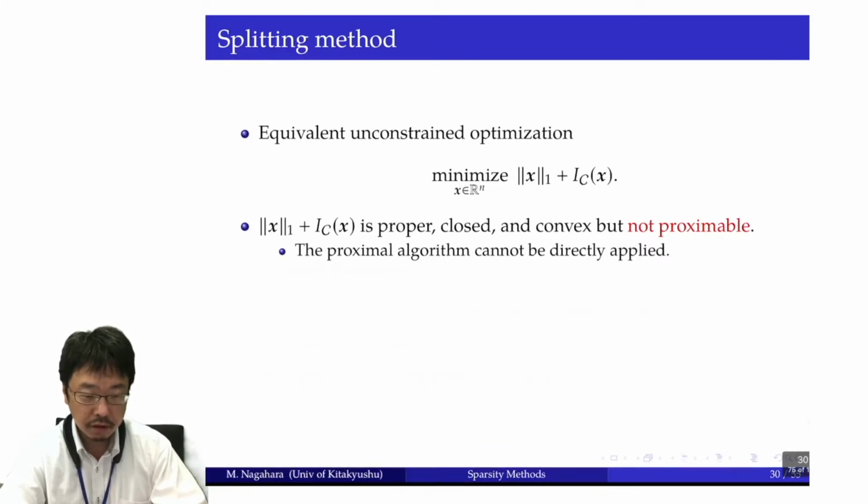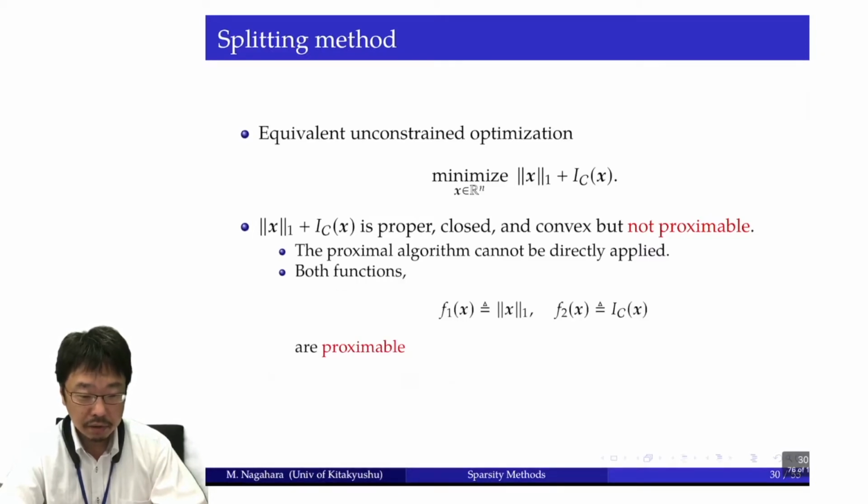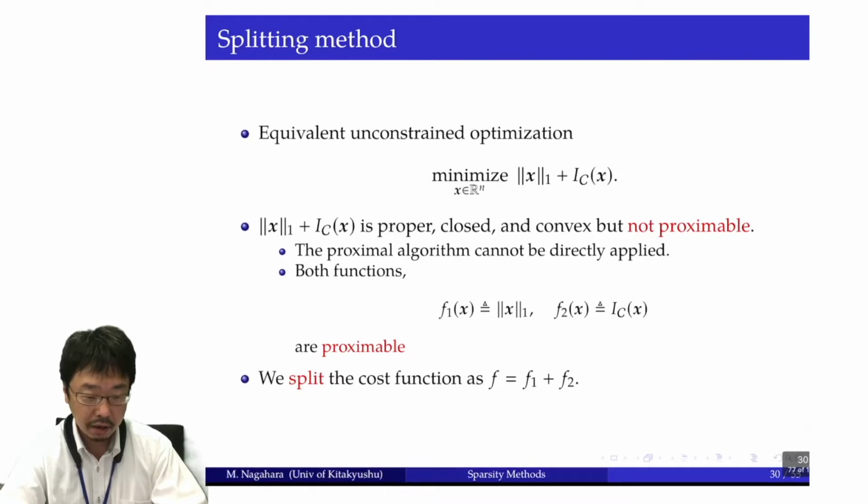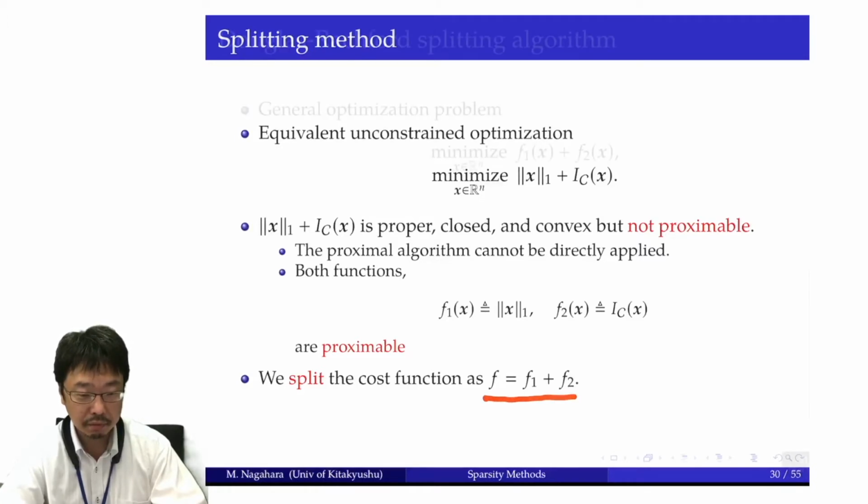So the proximal algorithm cannot be directly applied. However, we observed that both function f1 and f2 are proximable. Then we split the cost function as f = f1 + f2.